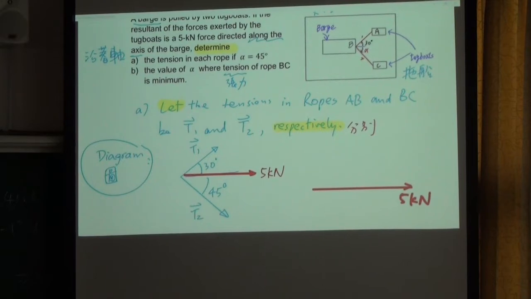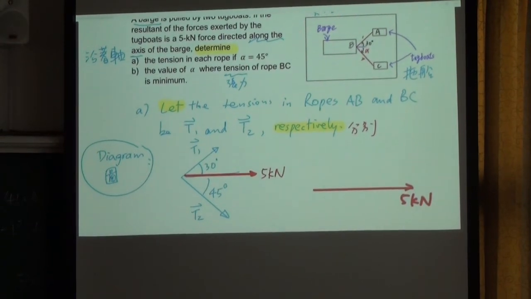We don't know the magnitudes of vectors T1 and T2, but what do we know about them? We don't know how large they are, but we know the angle or direction, right? So we draw it like this.